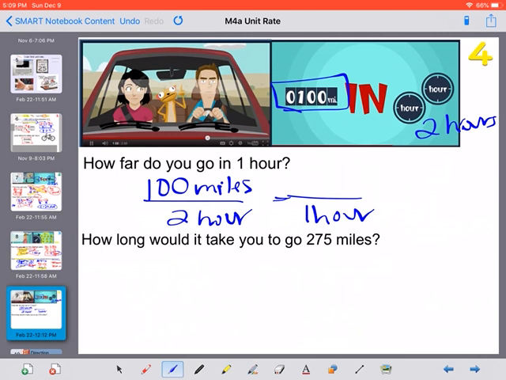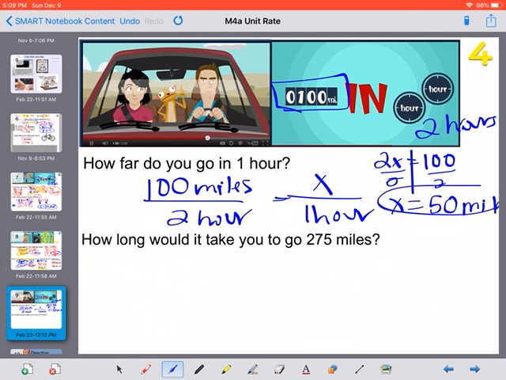You can just divide 100 divided by 2 to get 50, or you can cross multiply. If you cross multiply 2 times x and 100 times 1, you're still just dividing by 2 to get 50 miles. So our unit rate is 50 miles per hour, 50 miles in 1 hour.